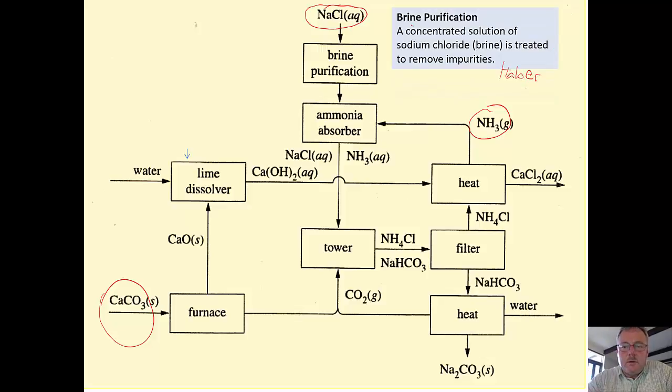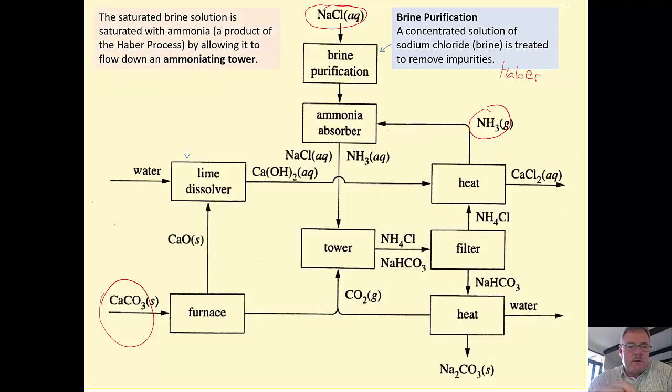Firstly, we need brine, and that's purified. Make sure it's quite concentrated and it has no impurities in it. Once again, impurities, the enemy of this process. Similar to the Haber process, you can't have any impurities because they affect the iron catalyst.